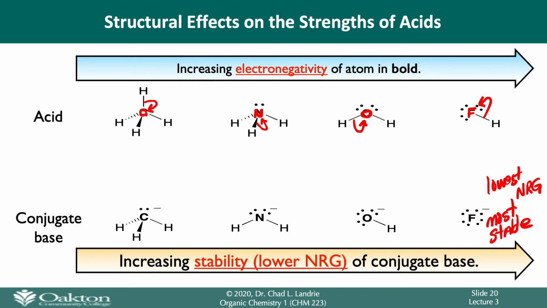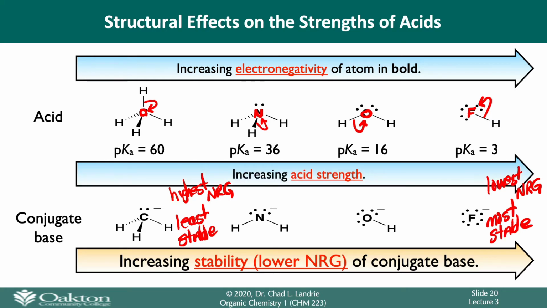On the opposite end, a carbon with a negative charge is the least stable, which is a fancy word for the highest in energy. So how does this relate to acid strength? The lower the energy of the conjugate base, the stronger the acid.